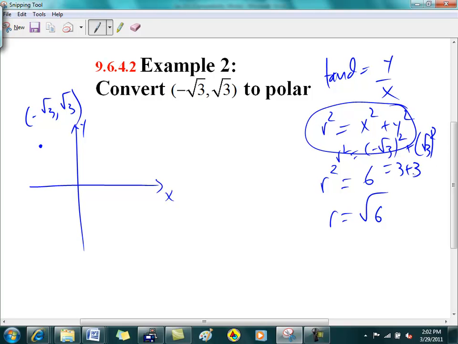Okay. How about theta is equal to tangent inverse of root 3 over negative root 3, which is tangent inverse of negative 1. Again, a friendly angle. And your answer is... Sweet. Nice. Good job. Is everybody there?